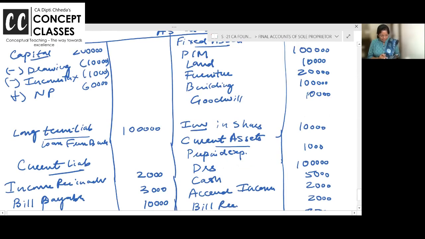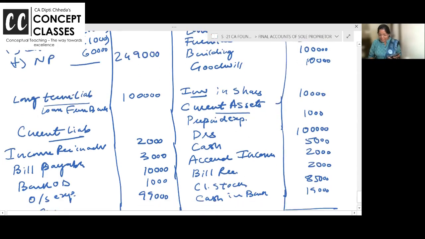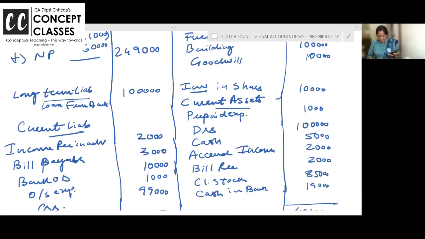Let us check if liability side it is telling. Here 2 lakh minus 60,000 minus 10,000 minus 1,000. So 2 lakh minus 11,000 plus 60,000. So capital is only coming in the outer column. Closing capital is coming 249. Write down the total, please. 2,49,000.